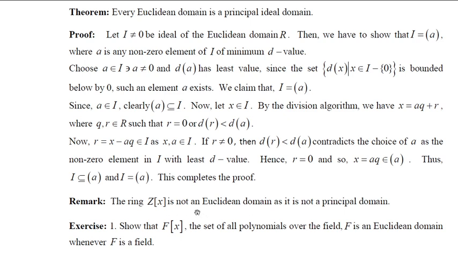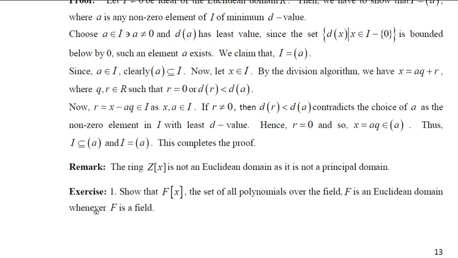Because we knew, in the earlier class we have proved, that the ideal generated by 2 and x is not a principal ideal. Therefore Z[x] is not a principal ideal domain. If it is not a principal ideal domain, then it cannot be a Euclidean domain, because if it has to be a Euclidean domain, then it has to be a principal ideal domain.